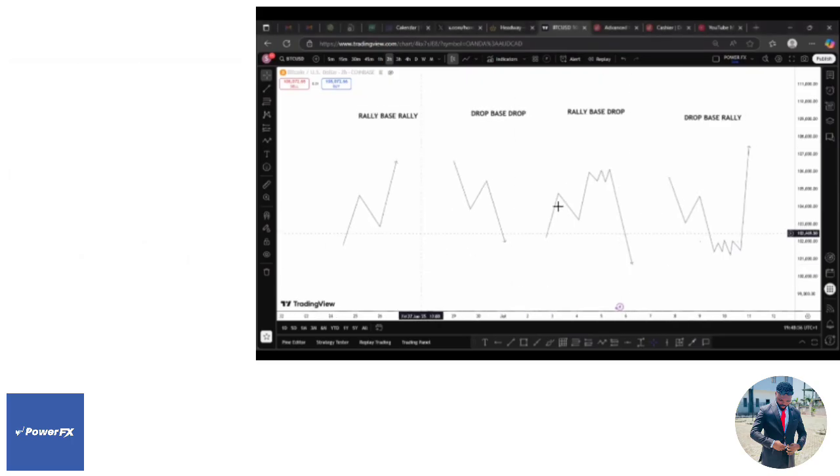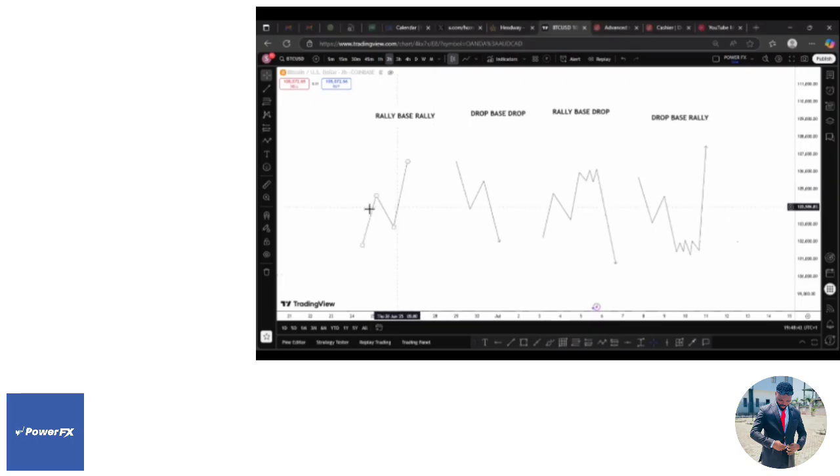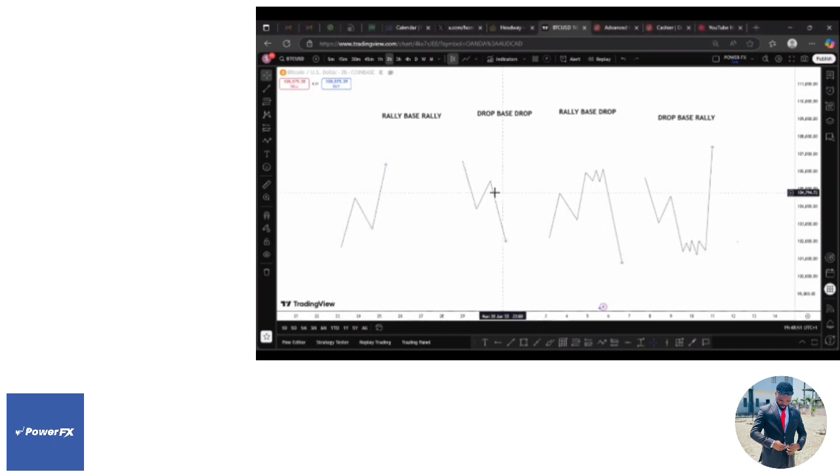So let's say the market is trending all the way to the upside, making series of lows and highs. All these pullbacks in the market are what we call our base. Like I said, rally, base, rally.